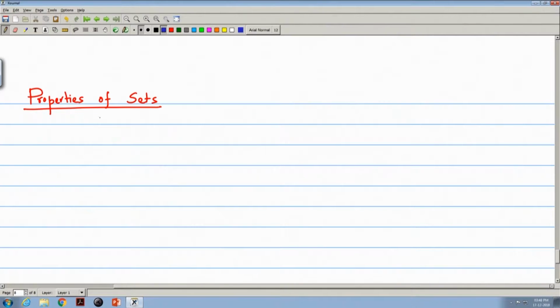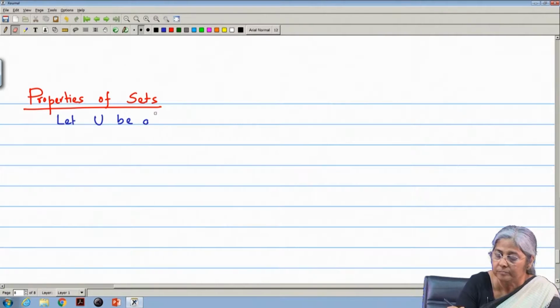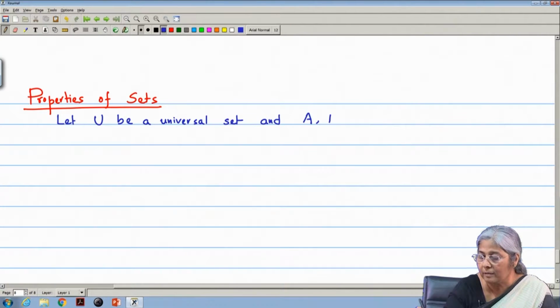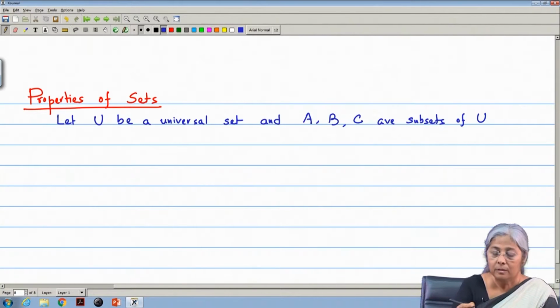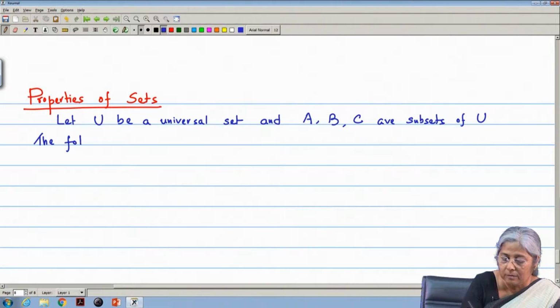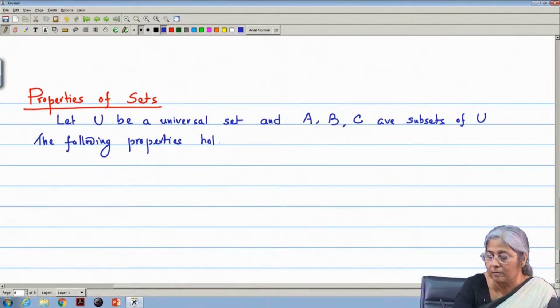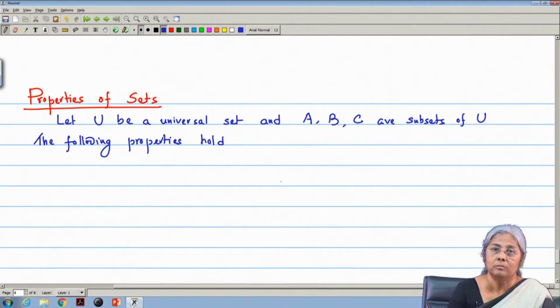So, we consider 3 sets and a universal set U. So, let U be a universal set and A, B, C are 3 subsets of U. So, the following properties hold on A, B, C and U and all the operations that we read on sets.